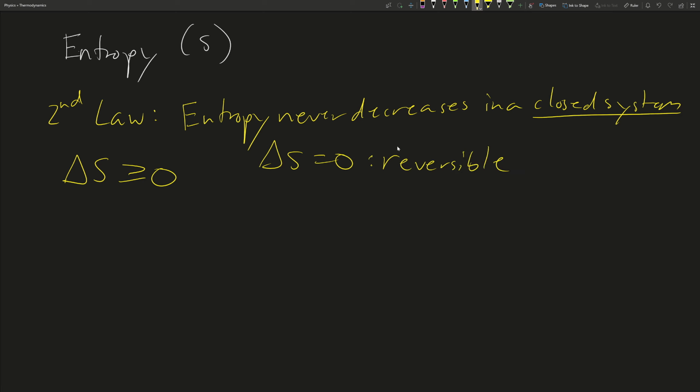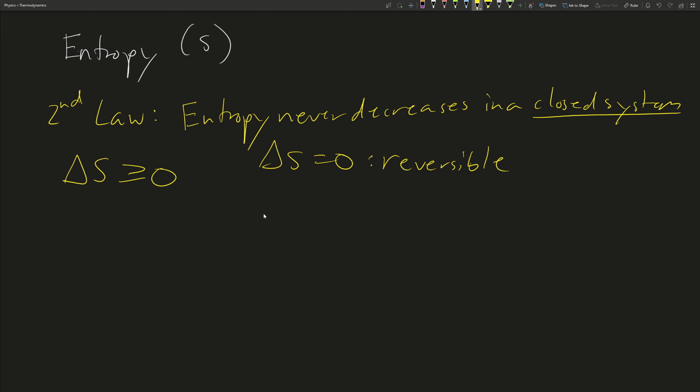Because if something is reversible, then the change in entropy in both directions has to be non-negative. And the only way that can happen is if it's 0, because if entropy had a positive change in one direction, it follows the second law. But if you reverse it, that becomes negative, and that would violate the second law. So if a process is reversible, entropy change has to be 0.